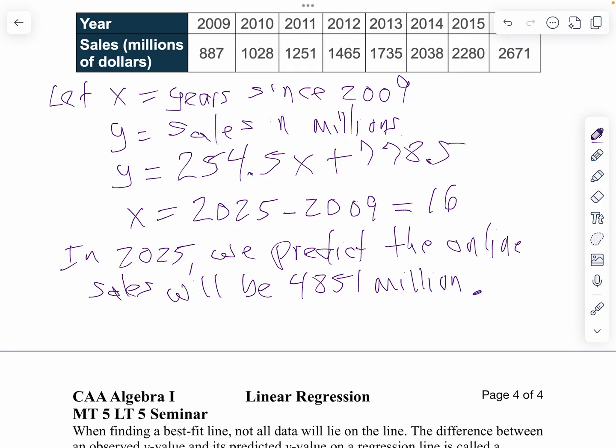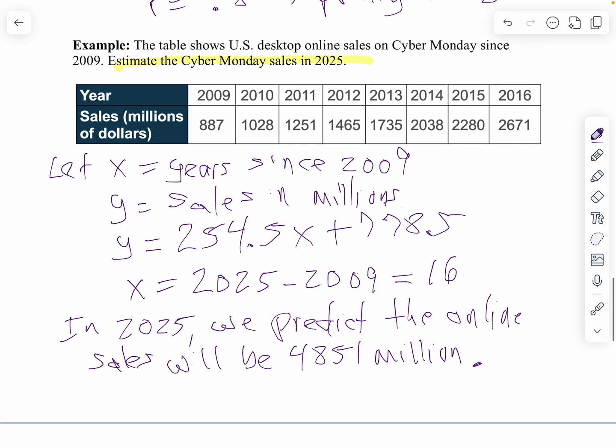Now, is that accurate? It could be, but we're kind of predicting, like 9 years from 2017 or 2016. Well, we know in 2020 we had COVID. That definitely affected our data. And then what happens to the economy? I'm guessing the economy will have a great big influence on this answer.